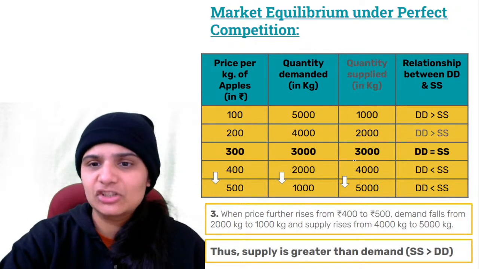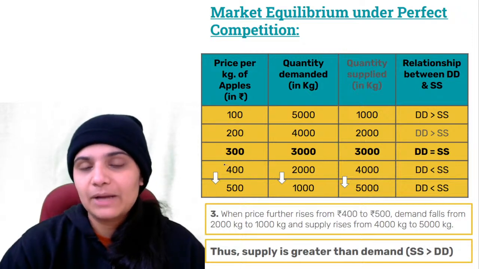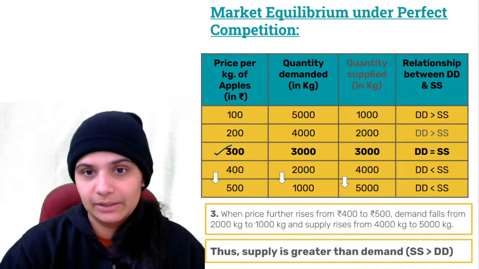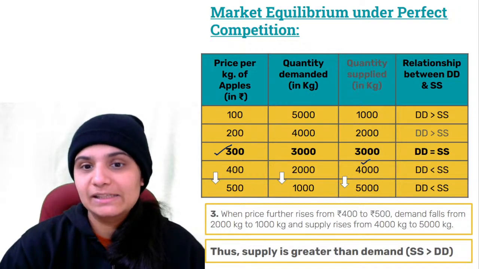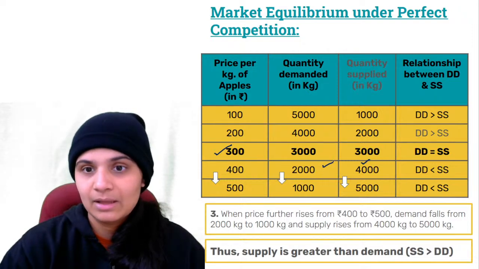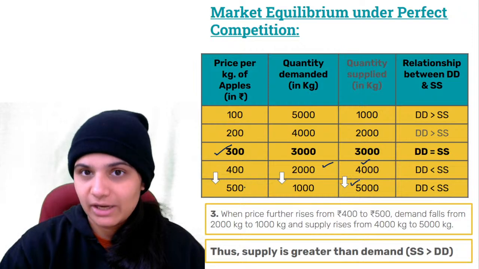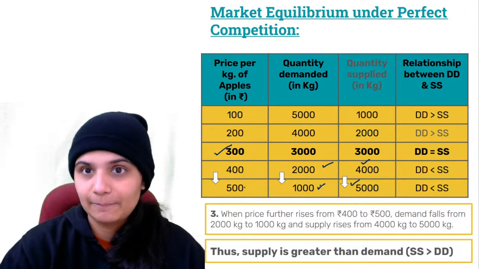And if we go further down, then what happens? If the price rises beyond the equilibrium, there is an excess of supply. Supply becomes greater than the demand. We can see here at 500 price, 5000 is ready to be supplied and only 1000 is ready to be demanded.